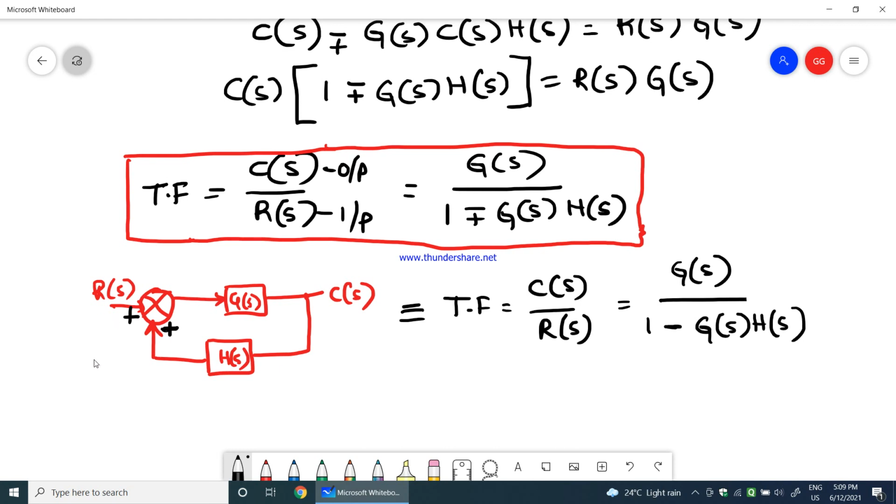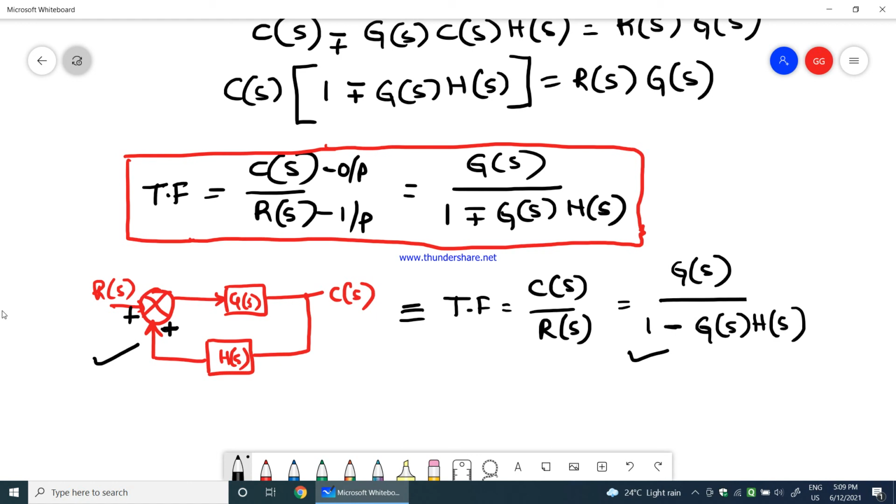So if you get a block diagram like this, in any case, we will write this equation directly for finding out the final transfer function. Okay. So I hope this is clear to you. This is also called the transfer function for a closed loop control system. They might ask you the derivation for the transfer function of the closed loop control system, so you can also use this derivation for writing the answer to that question.